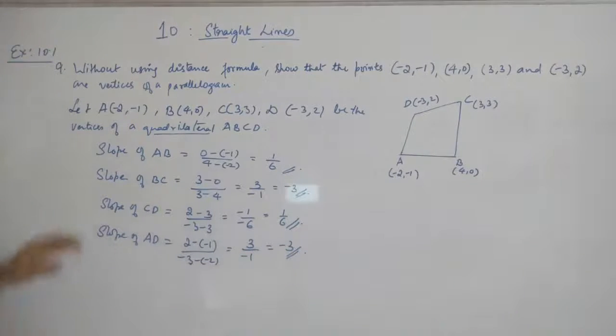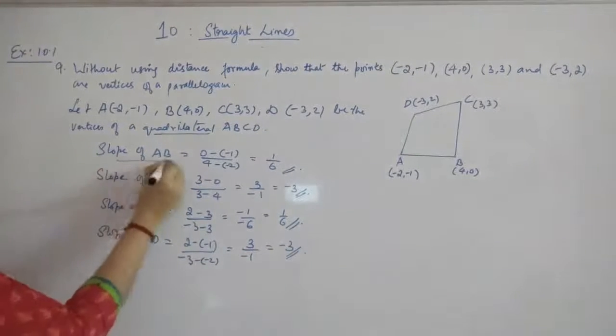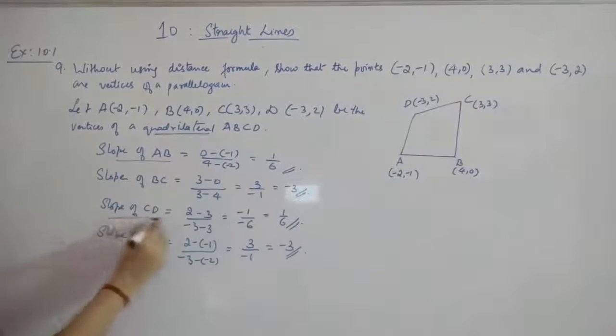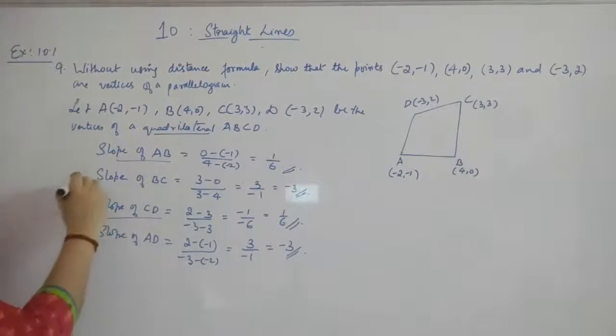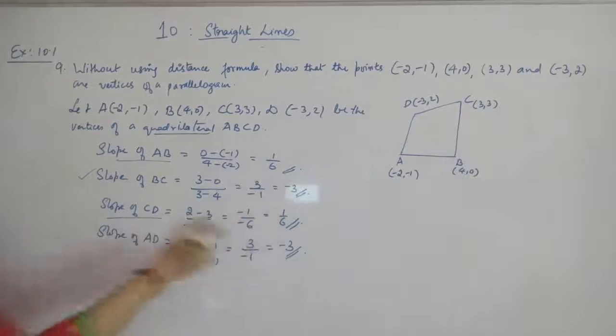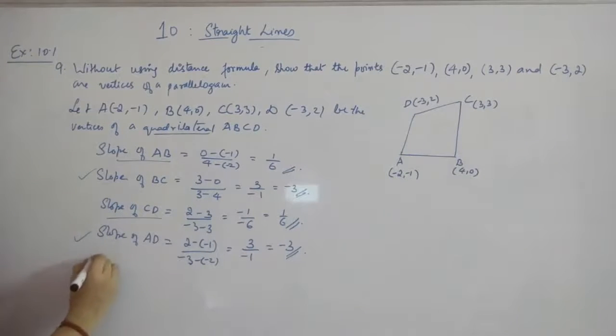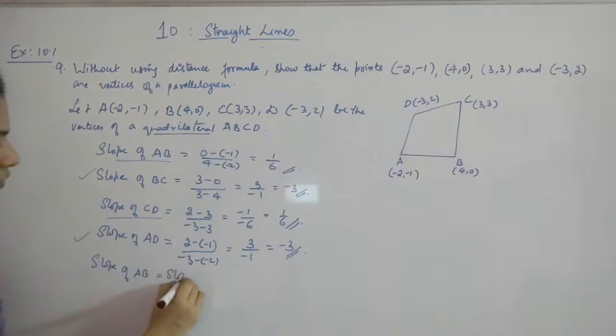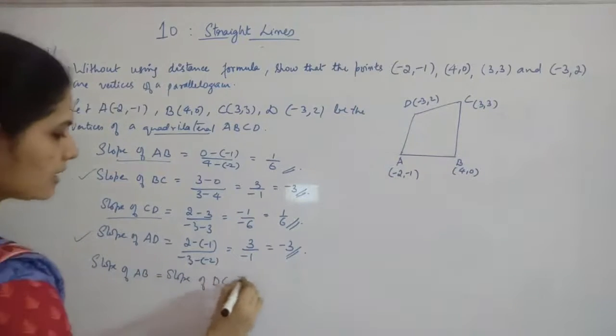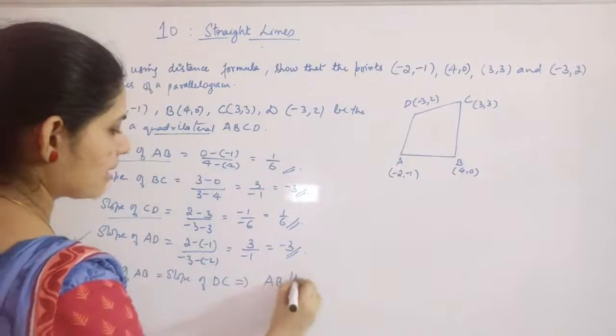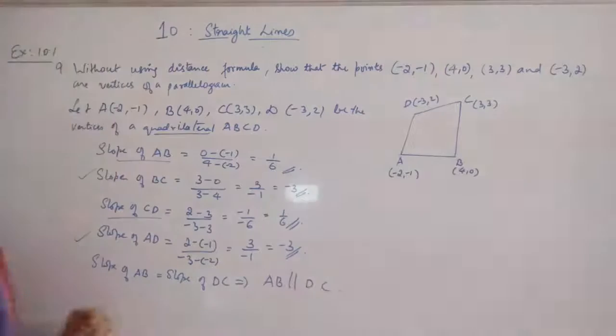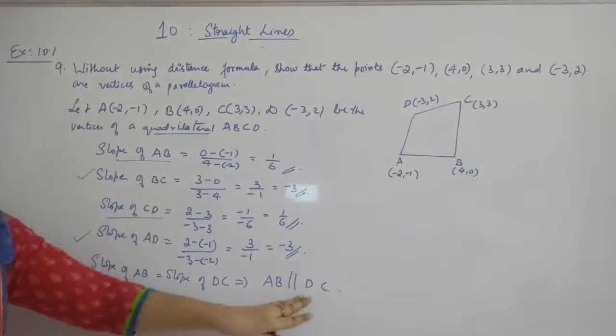Now you just see, you are getting the slope of AB as equal to the slope of CD, right? And the slope of BC, -3, is equal to the slope of AD. And what does that mean? The slope of AB is equal to the slope of CD, which implies that AB is parallel to CD. Understood why they are parallel?